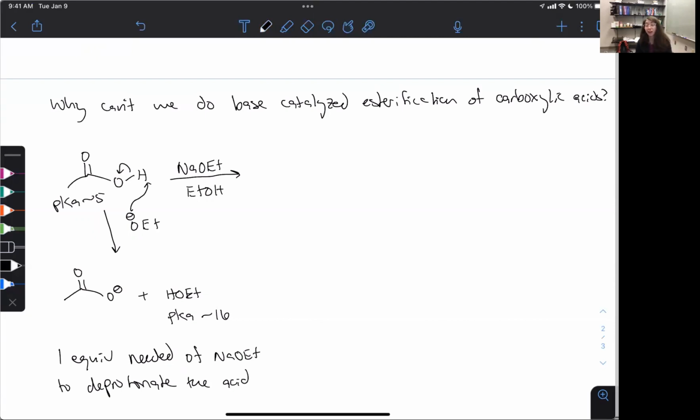So even if you had an excess of your sodium methoxide, the problem is it's not a strong enough nucleophile to attack a weaker electrophile. Remember, this is a pretty bad electrophile, and this is not a strong enough nucleophile.